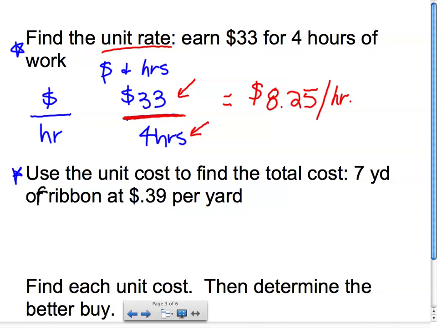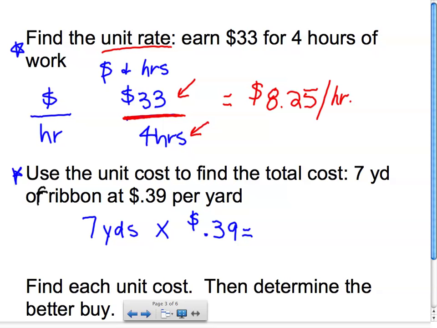To find this one, we're going to take our total units, 7 yards, and multiply it times our cost per yard, which is 39 cents.